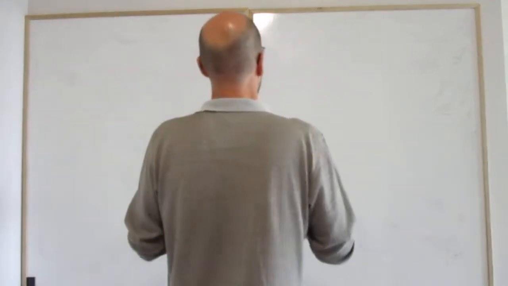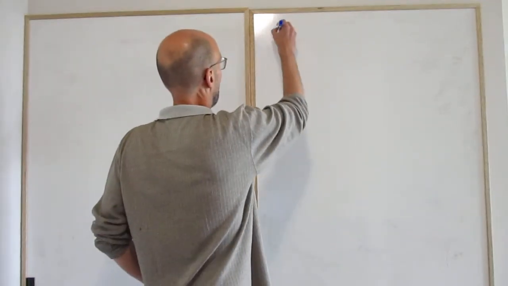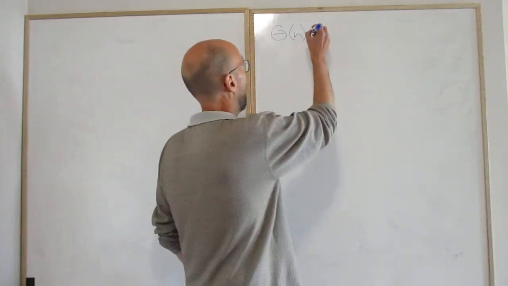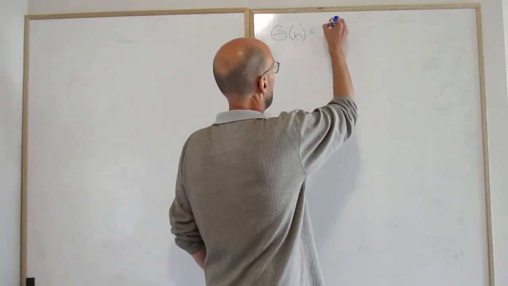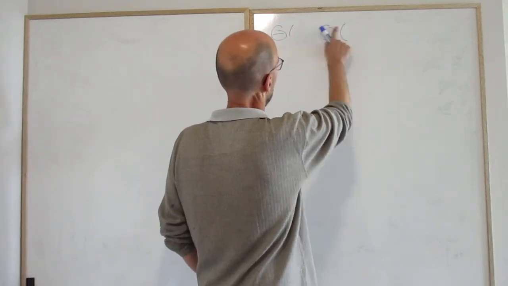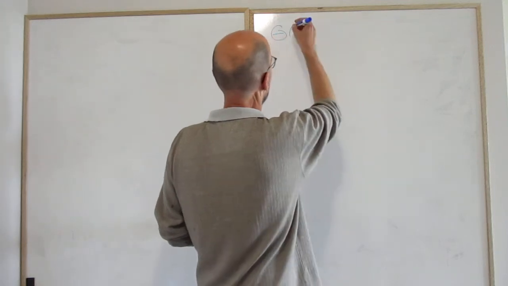So then you have theta of n, and that's just the intersection. Let's say I want this to be g of n.